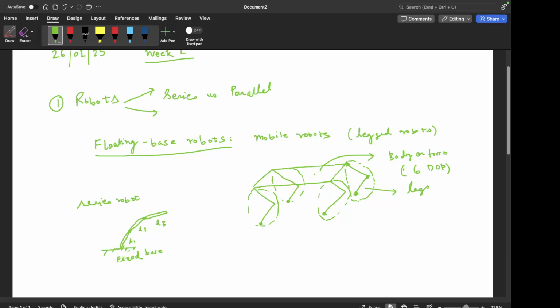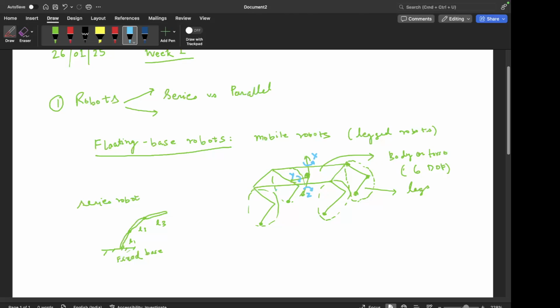The center of mass of this base can move in all the three directions. Let me just use a different color. So it can move in, let's say, x, y, z direction, and it can also rotate about these axes, right?